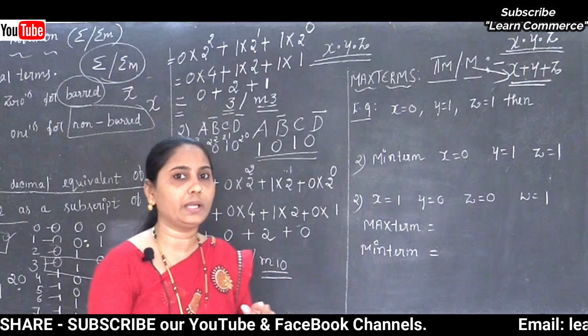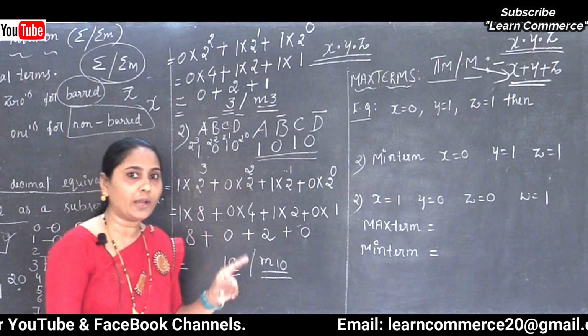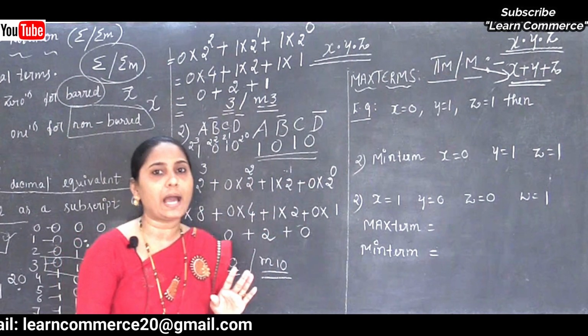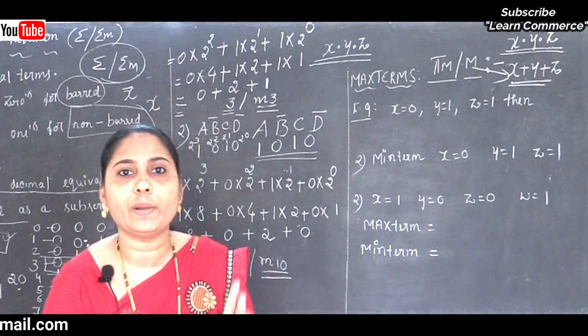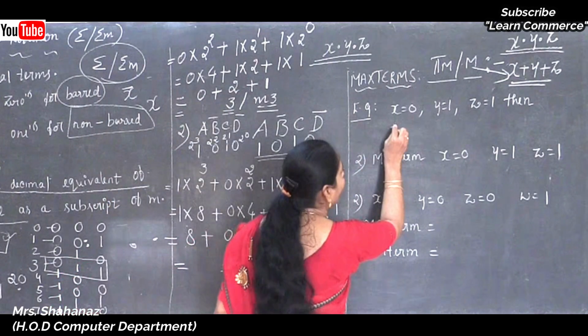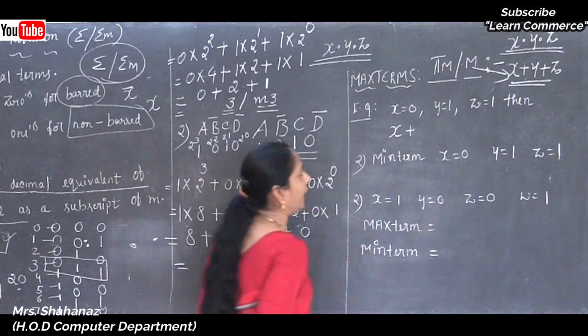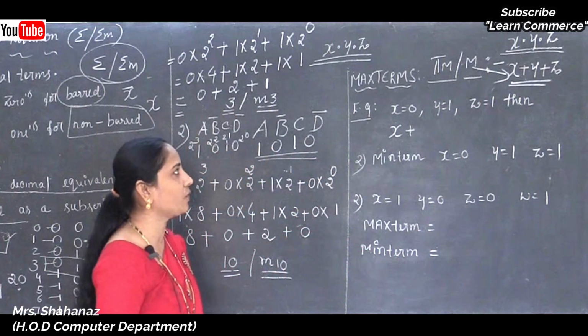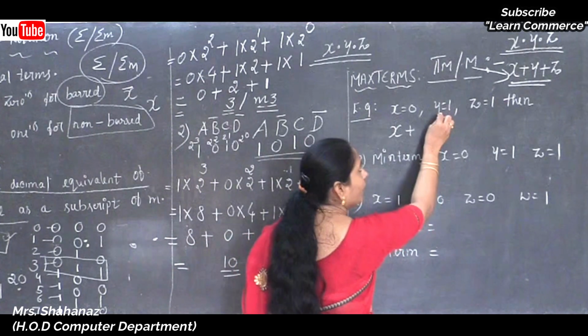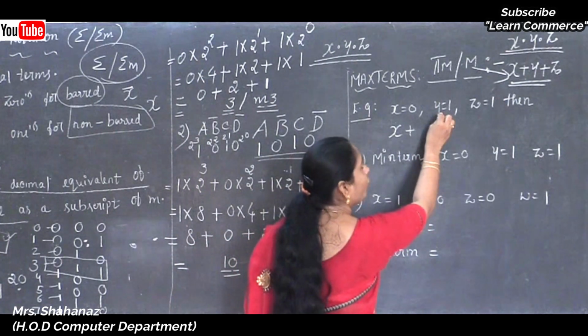But what about in the case of the Maxterm? If the value of the variable is 1, then its complement is added, otherwise the variable is added as it is. Clear this point here? So for x, I take it as it is, why? Because the x value is equal to 0, and we use the complement when the value of the variable is equal to 1.